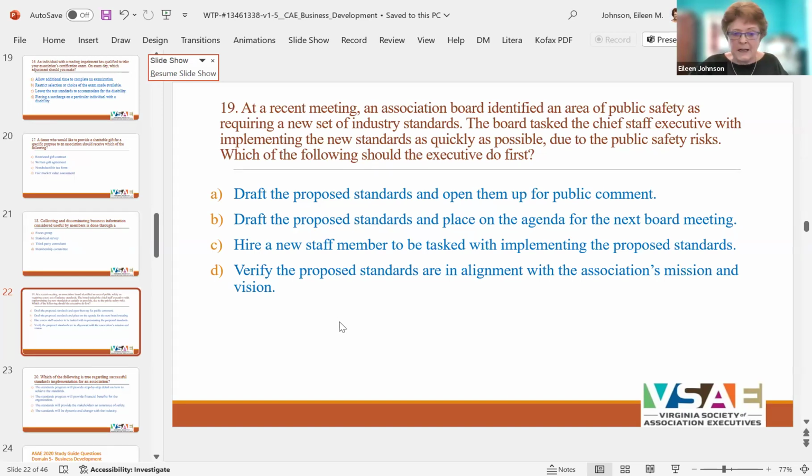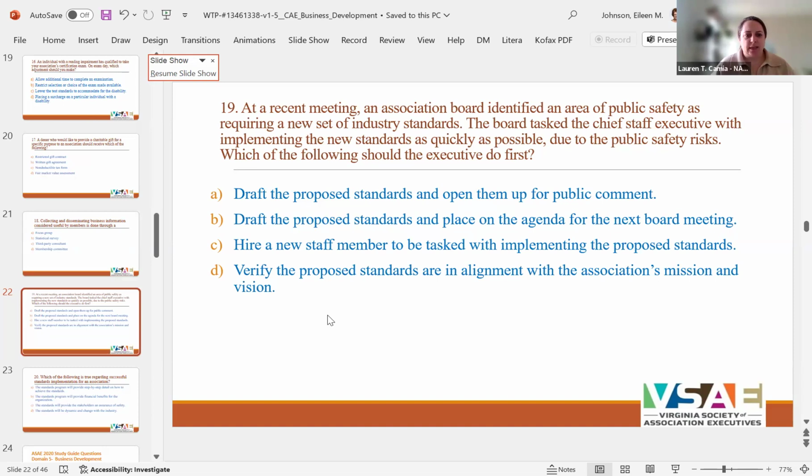Okay. Number 19, we're doing time-wise. At a recent meeting, an association board identified an area of public safety as requiring a new set of industry standards. The board tasked the chief staff executive with implementing the new standards as quickly as possible due to the public safety risks.